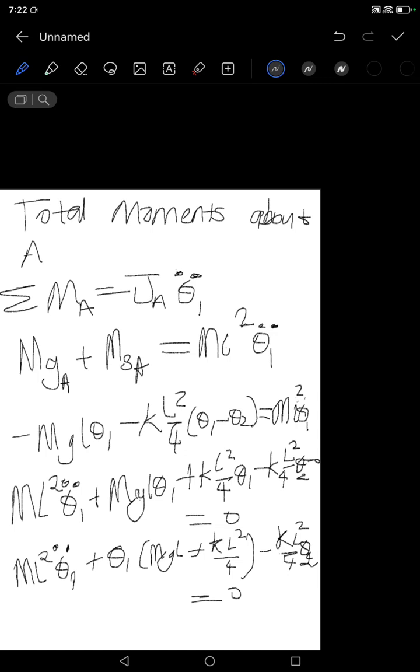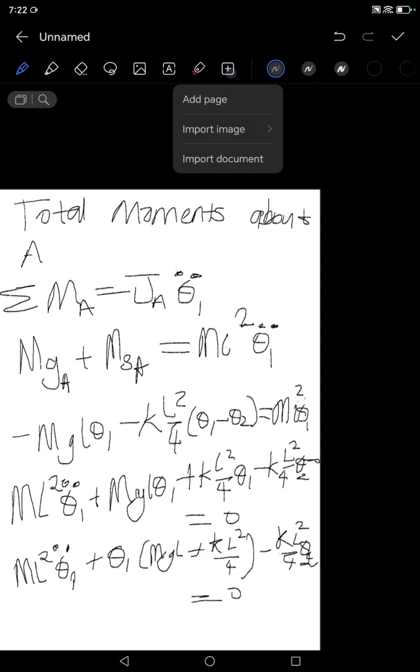And then let's go and do the right rod. We are done with the left rod. Now we're going to do the right rod, the one that is hinged at C. Moment for right rod about hinge C. Before we do the right rod, do you have any question here on the left rod?